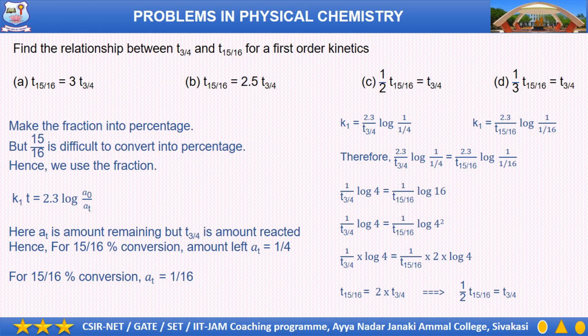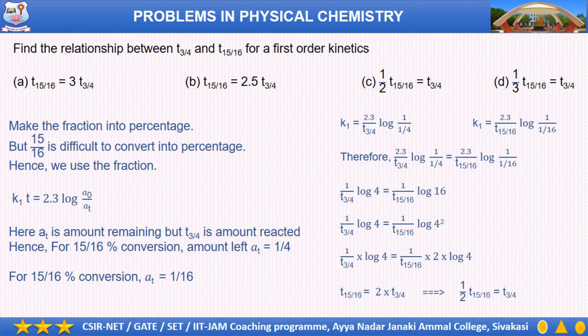Therefore, make use of the fraction. If fraction is used, then initial concentration A naught is taken to be 1. For A t, the amount left: amount converted is 3 by 4, therefore amount left is equal to 1 by 4.